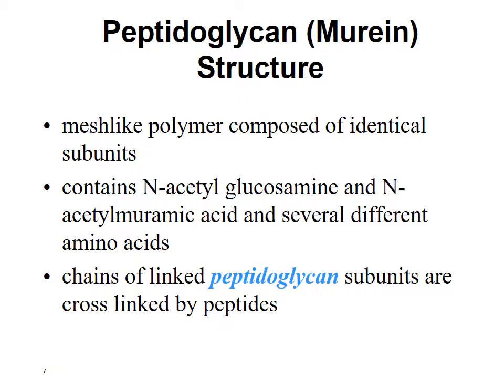The other is called N-acetylmuramic acid. We can abbreviate those two sugar groups to NAG and NAM. The chains of linked peptidoglycan subunits are cross-linked to each other by peptides, that is, short stretches of amino acids.